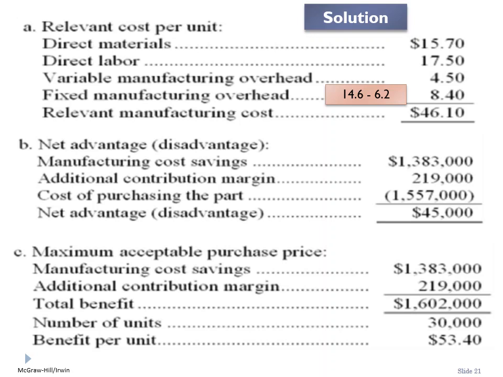To get the benefit per unit, we will divide the total benefit by the number of units that the supplier will provide to the company, which equals 30,000. So the benefit per unit will be $53.4 per unit.